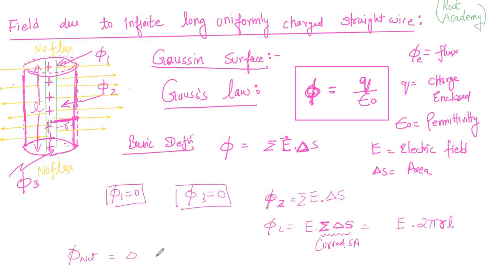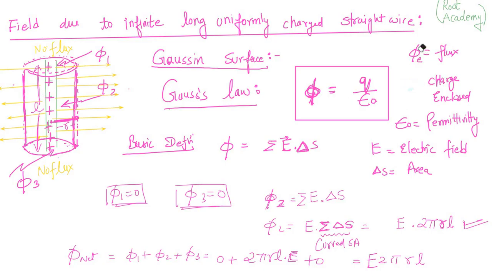Phi net is phi 1 plus phi 2 plus phi 3. Phi 1 and phi 3 are 0, so it is 0 plus 2 pi RL into E plus 0. So it is 2 pi RL into E.